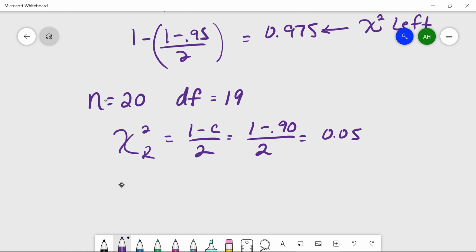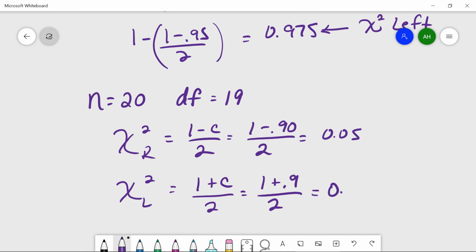Now when I try to find the left, they have you using 1 plus your confidence level divided by 2. It's going to be 1 plus 0.9 divided by 2, which equals 0.95.